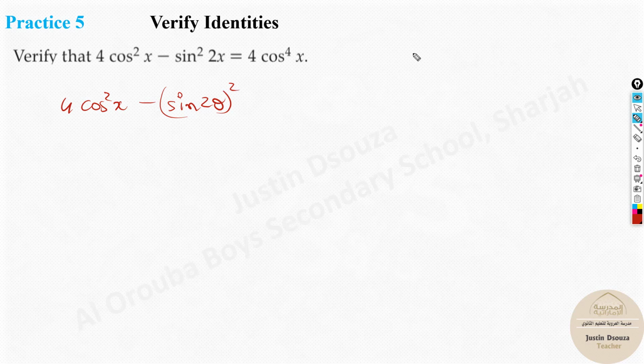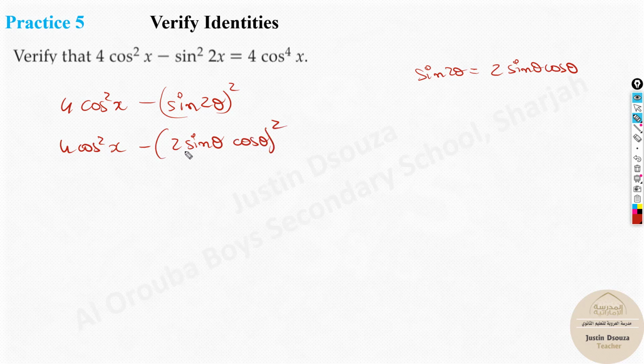And now we will split the formula. Use the formula for sine 2 theta. Sine 2 theta is 2 sine theta cos theta. So here we have 4 cos square x minus 2 sine theta cos theta the whole square. Now, can you see any plus or minus over here? No, it's just multiplication, isn't it?